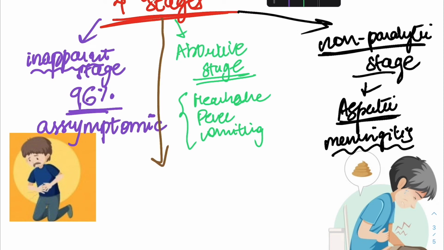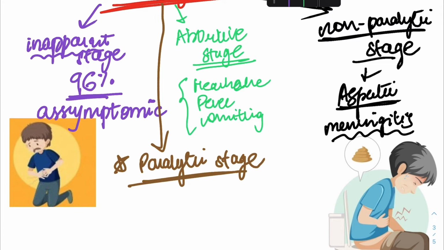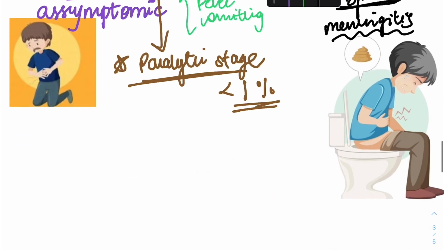The fourth stage is your paralytic stage. The paralytic stage. Now, this is an important stage, but it is the least common stage, and it occurs in less than 1% of the people who are affected with this virus. In less than 1% of those people, you will see the paralytic stage. Basically, what happens over here is you will see flaccid paralysis.